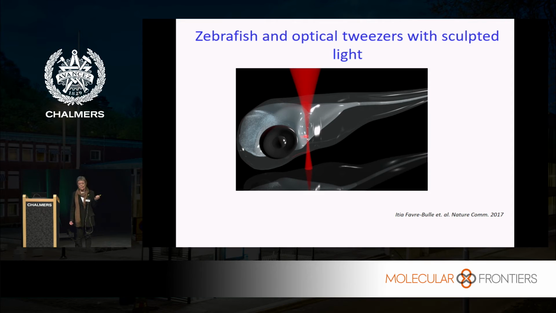And as I said, the vestibular system means balance and hearing. So I want to investigate balance and hearing in zebrafish in such a way that I'm only interrogating balance and hearing and nothing else. Normally, when people want to study this vestibular system, they move the whole fish.